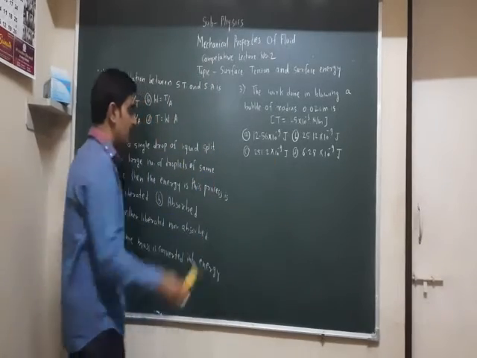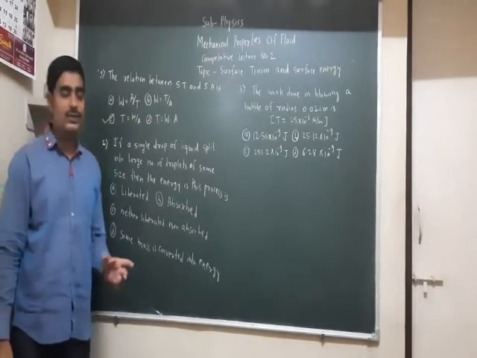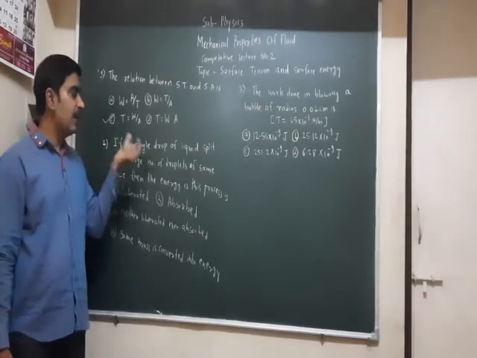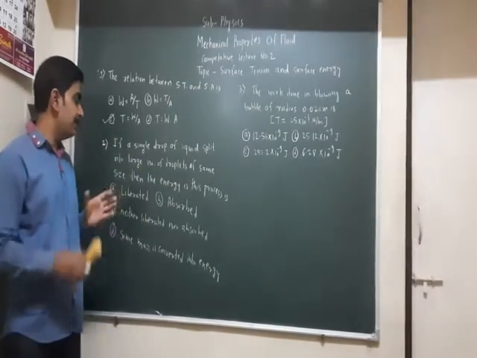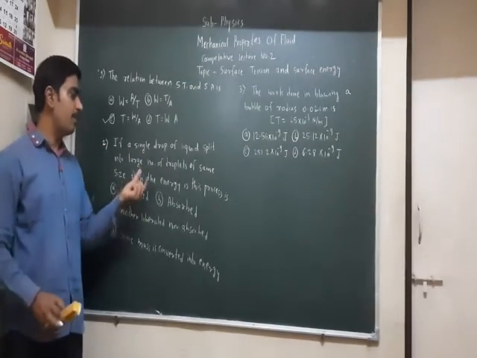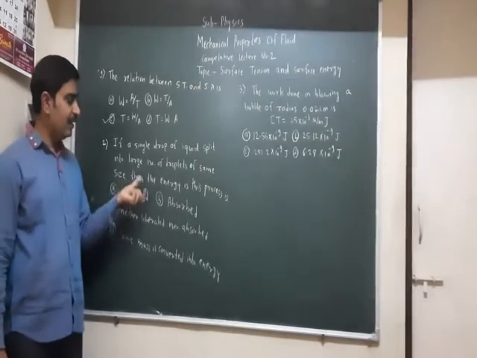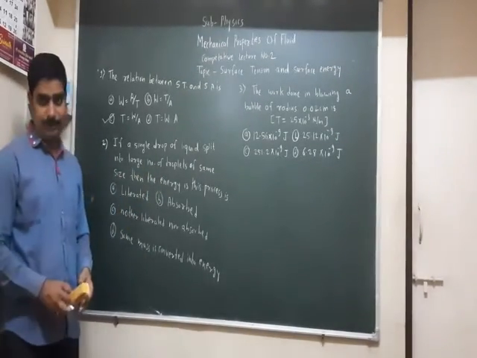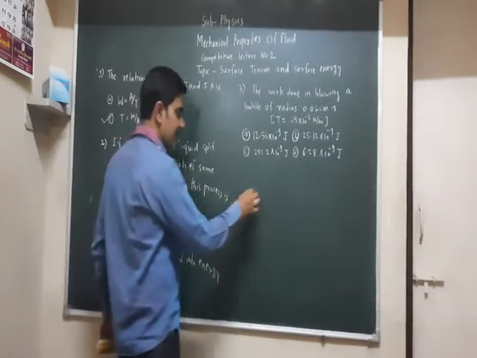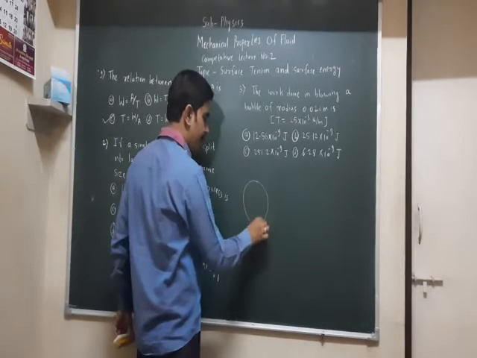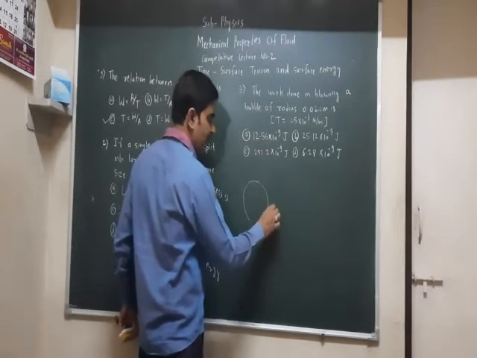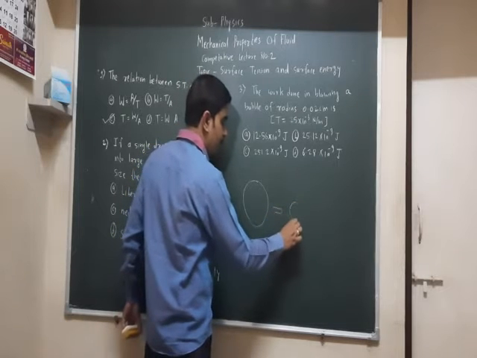Now we move to the second question. What does the second question say? If a single drop of liquid splits into a number of droplets of the same size, then the energy in this process is. Suppose this is a single drop, say a mercury drop, and it breaks down into two droplets.